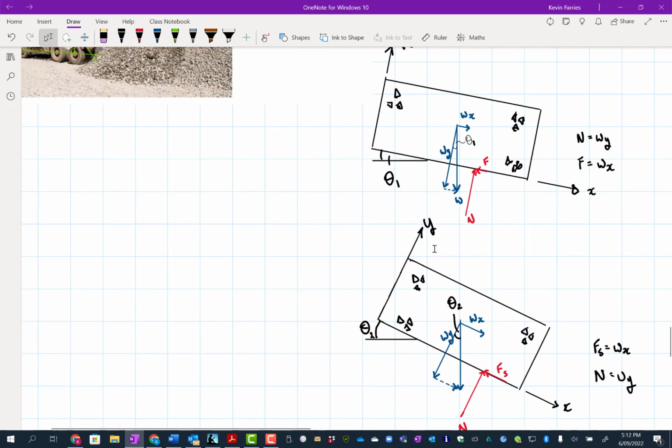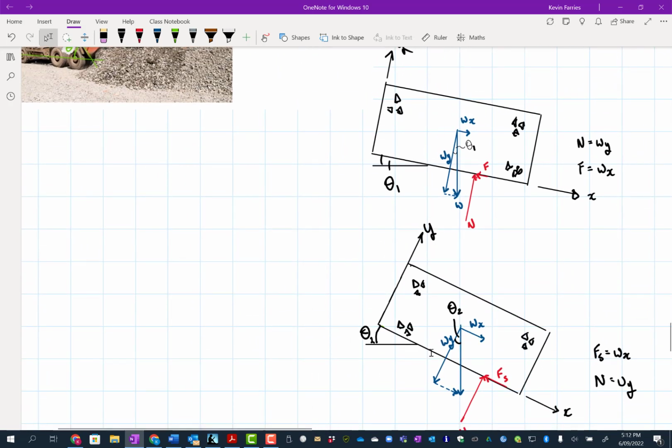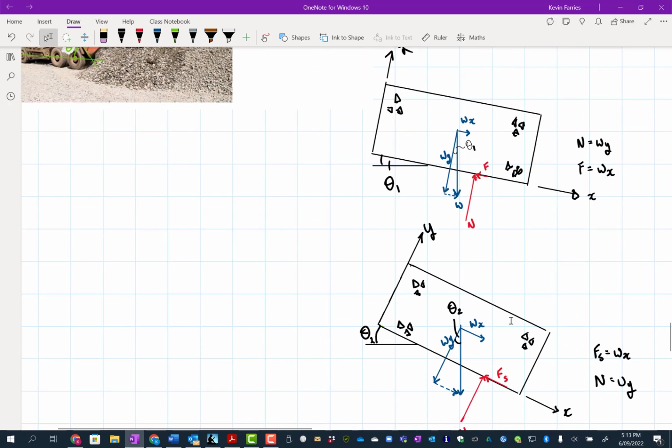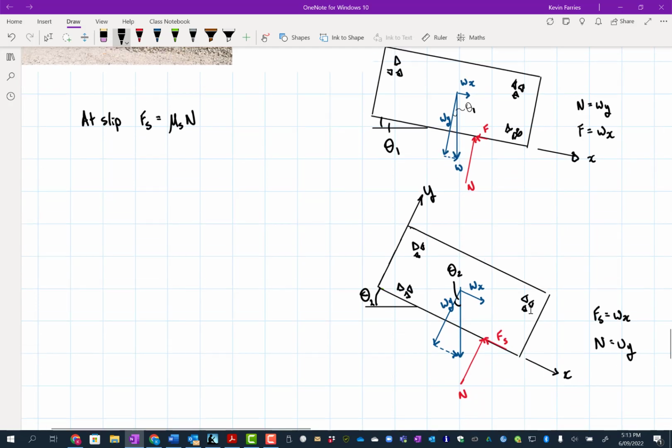Well, we know that once we get to the point of slip, this is Fs, and at that point of slip, Fs is equal to mu times N. So at slip, Fs is equal to mu s times the normal force. That's cool.